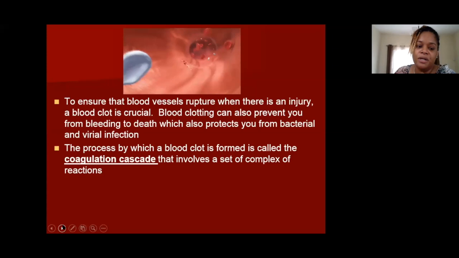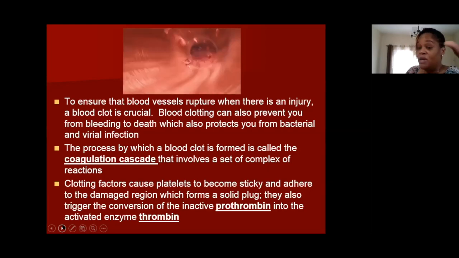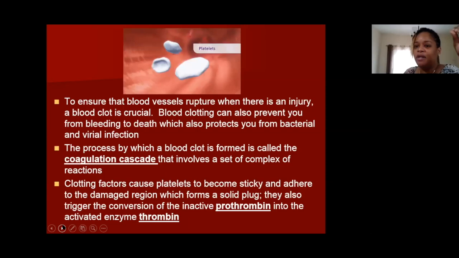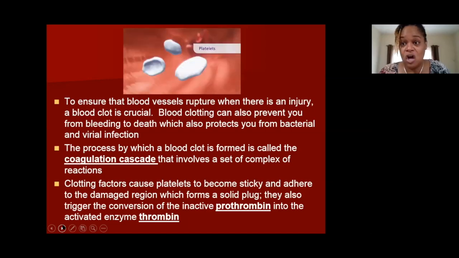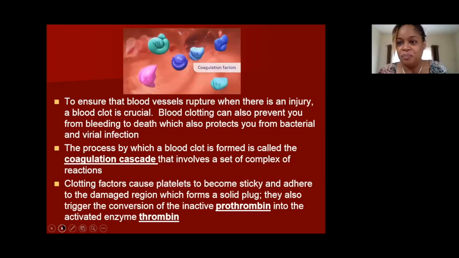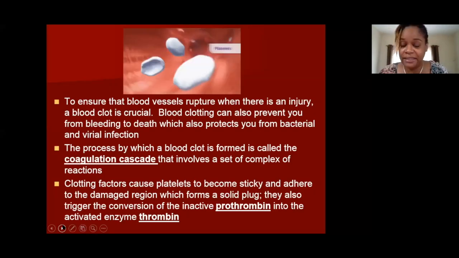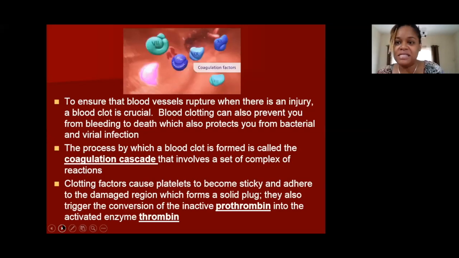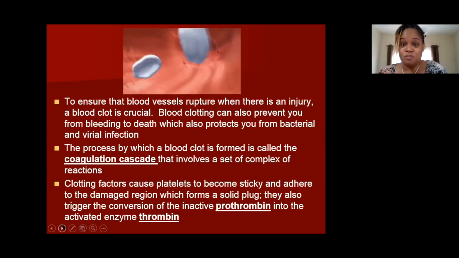So to ensure that blood vessels, when ruptured or when there's injury, a blood clot is very important, because we cannot afford to lose blood. Most of the time, and what I tell my students in class, when we talk about blood loss, we're not dying because we lose blood. We're dying because these central substances that blood is responsible for transporting is interrupted.